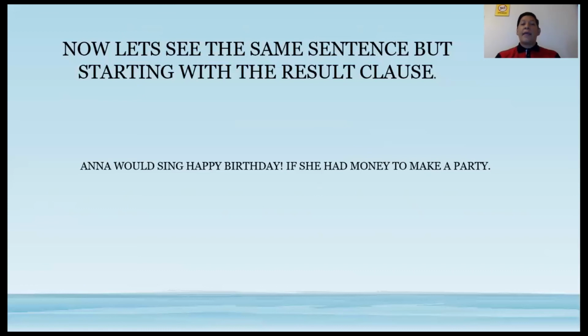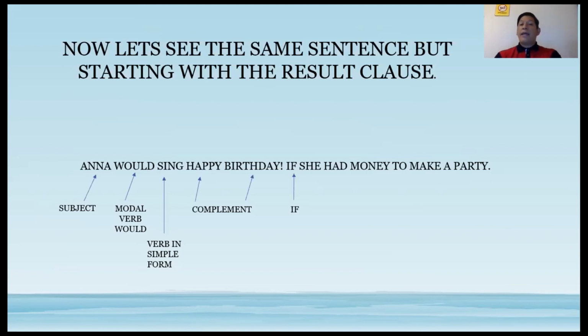What is the result that happened because something else occurred? So we can say, "Anna would sing happy birthday if she had money to make a party." Anna is the subject, would is the modal verb, sing is the verb in simple form, and happy birthday is the complement. We have the if. In this case, please pay attention, we don't have a comma, and this is very important.